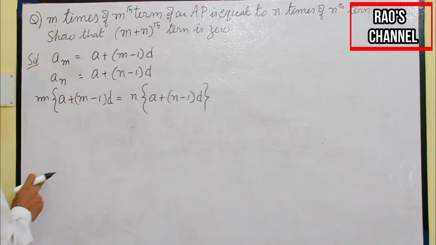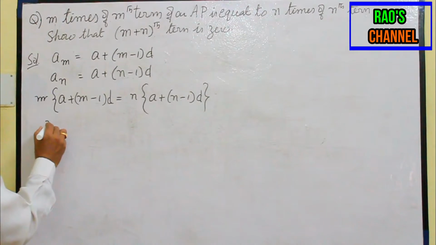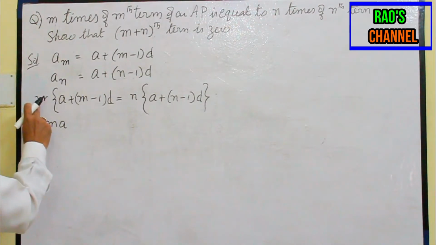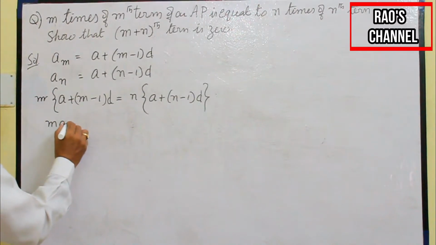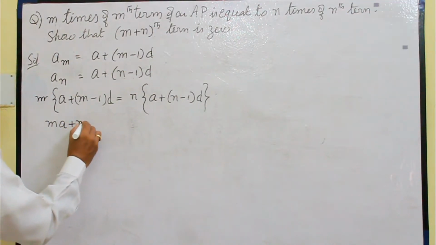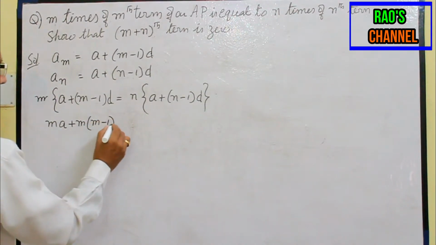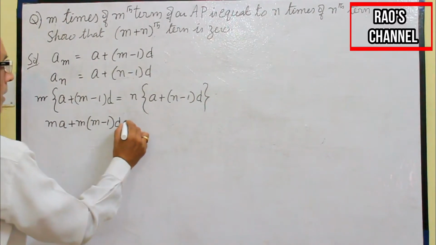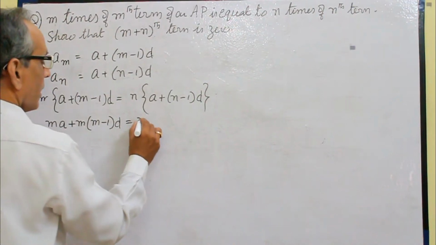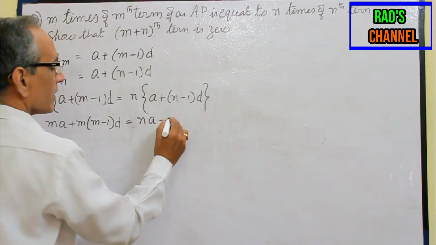Let me multiply: m times A plus m times (m minus 1)d is equal to nA plus n times (n minus 1)d.